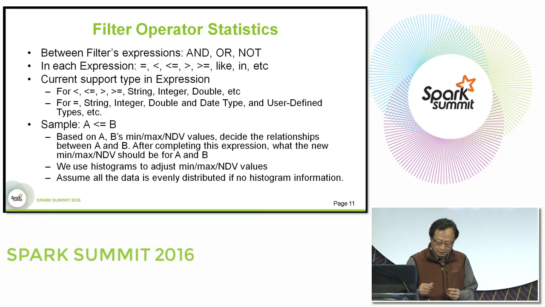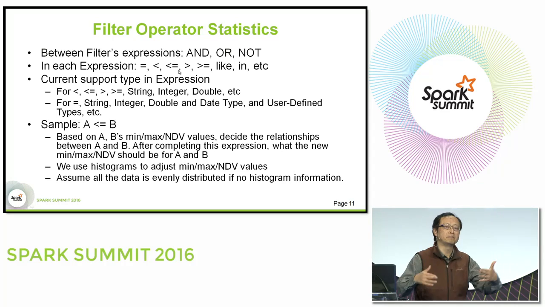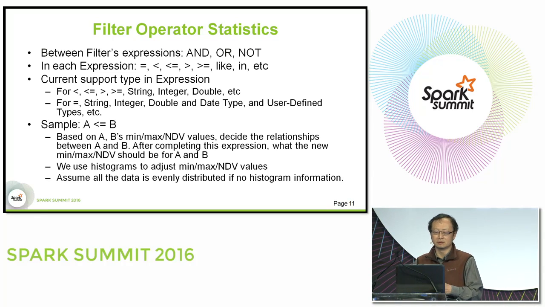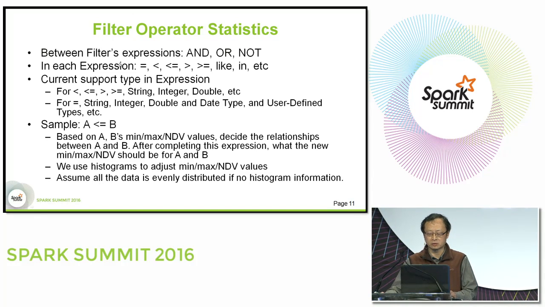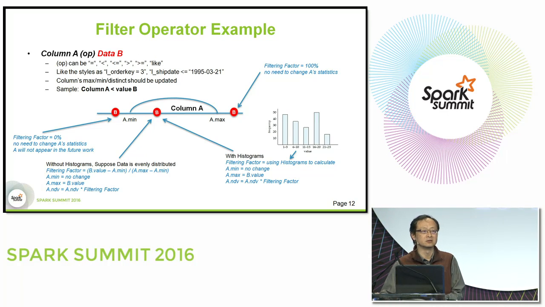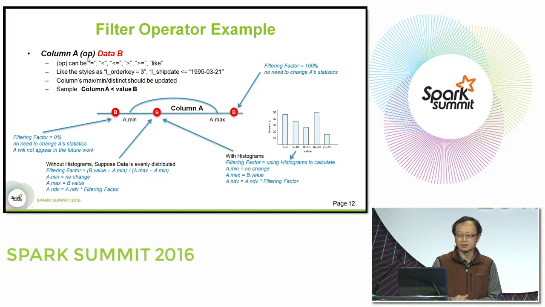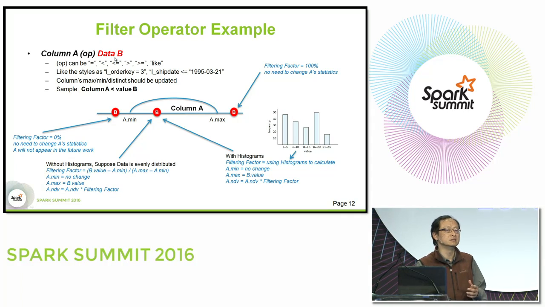Usually, in a single expression, you have a comparison operator: equal, less than, etc. And then you can combine multiple expressions to form a compound expression by using the logical AND operator or logical OR operator. Then for a single condition, such as column A, here OP means a comparison operator, with data B. Okay, B is a constant.